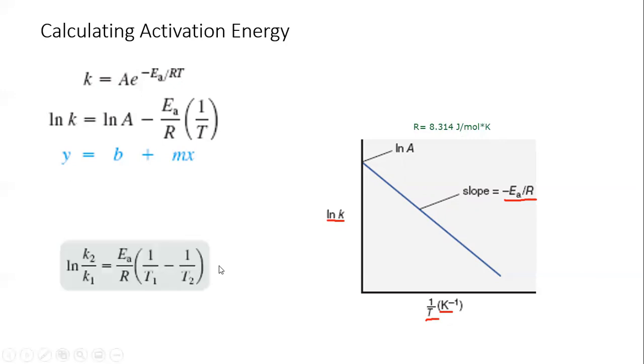Now, if you just have 2 points and you want to find activation energy, you can use the bottom equation, which is ln of k2 over k1 equals Ea over R times 1 over T1 minus 1 over T2. So if you know your rate constants at both temperatures, you can plug them in and solve for activation energy. Likewise, if you know your activation energy and you want to change the temperature, you can calculate the new rate constant.